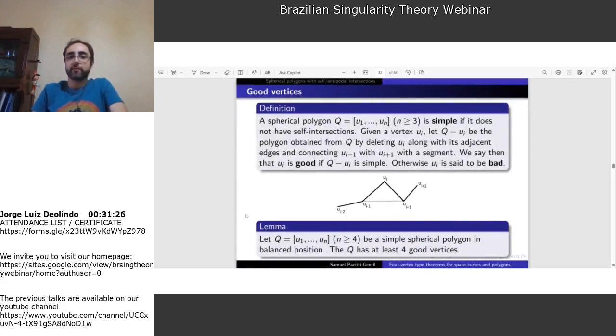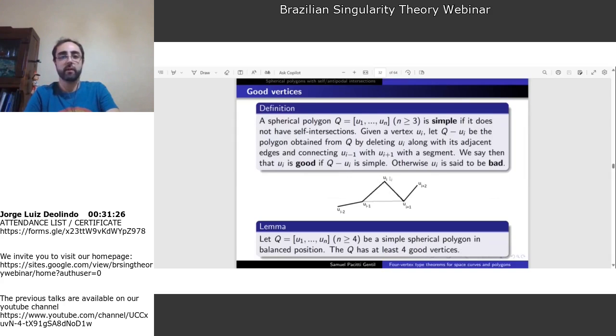Again, to simplify terminology, we simply say that a spherical polygon is simple if it does not have self-intersections. And given a vertex u_i, we define this new polygon, Q minus u_i, to be the polygon obtained from Q by deleting this vertex along with its adjacent edges.